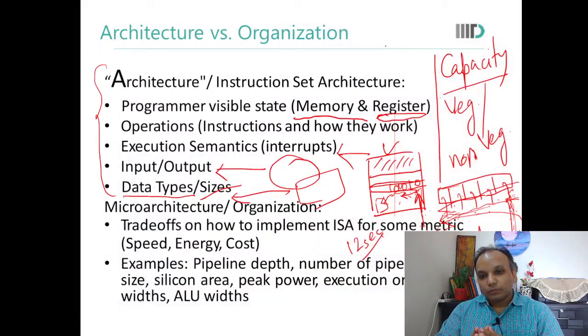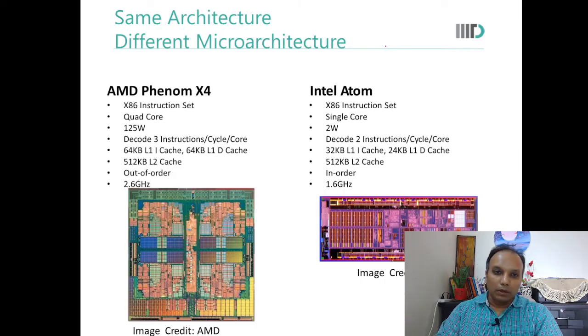So, very quickly I would also like to give you some real life examples of architectures with the same ISA and different microarchitectures. Examples are basically here we can see the AMD Phenom X4.